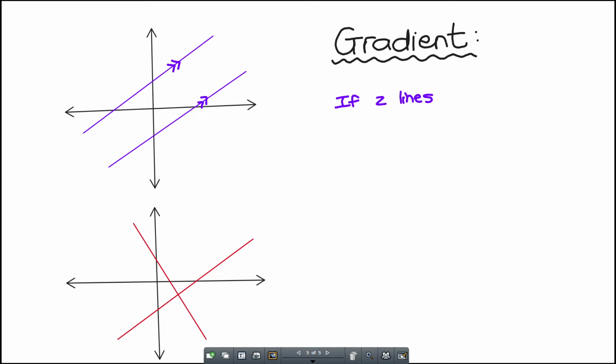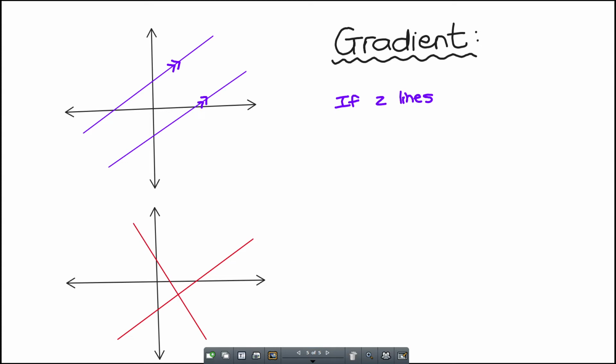I quickly want to talk about the gradients of straight lines, right? Jy het nou mooi gesien wanneer is positiewe gradient and when is it a negative gradient. Now, when we have two lines that are parallel, right?